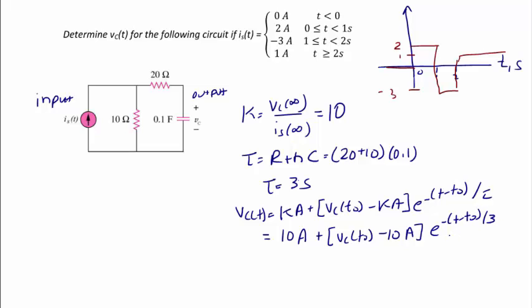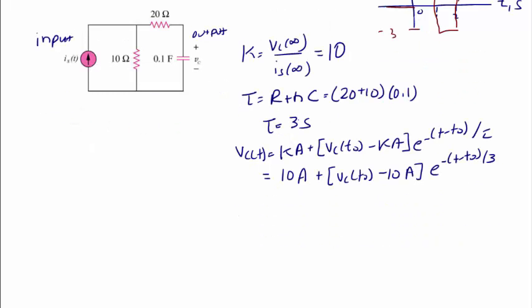And this is the same equation we will use for each of these intervals to analyze the circuit. So the first interval is t less than 0. For the interval t less than 0, since the input is a 0, the output would be a 0. So VC of t is equal to 0 volts.